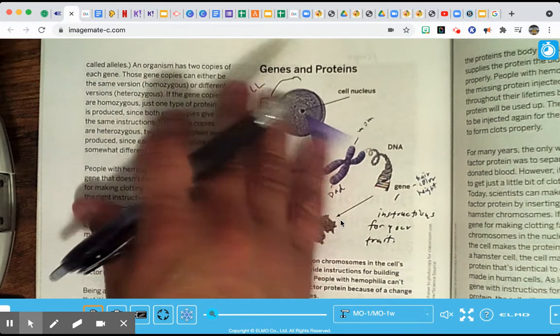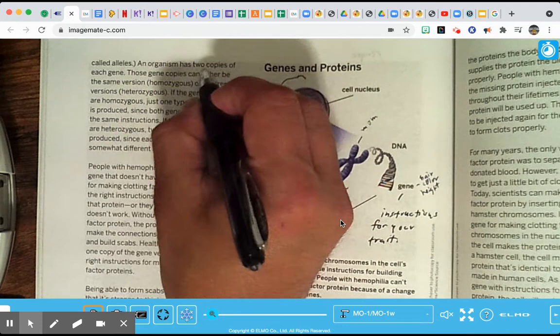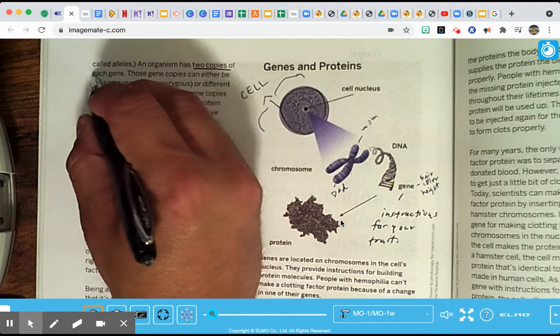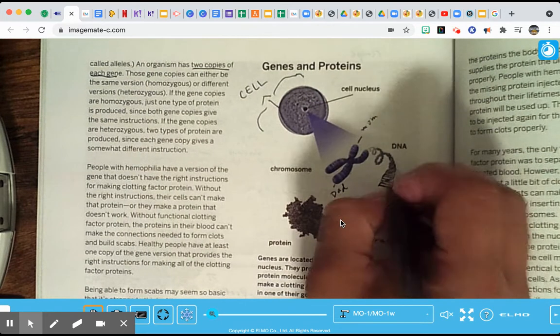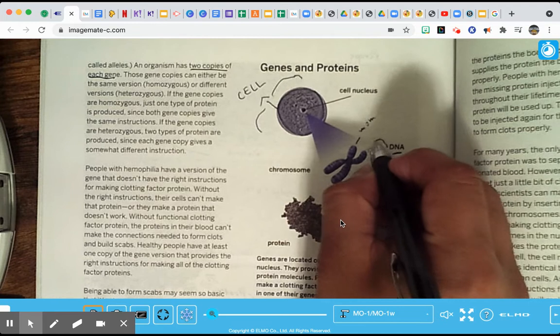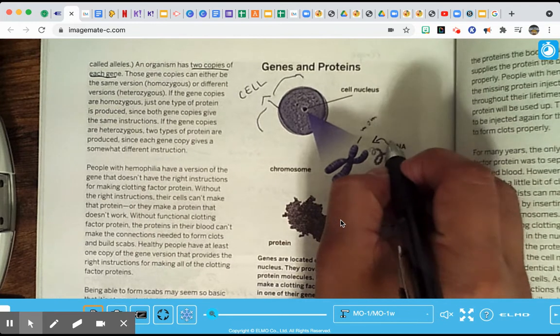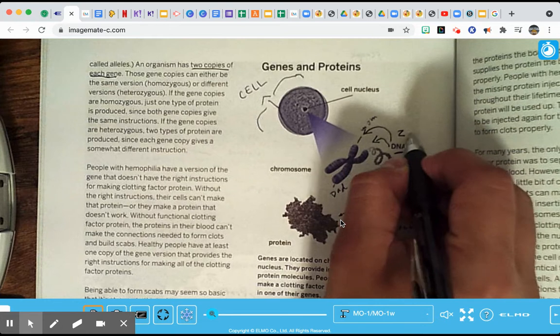All right. So an organism has 2 copies of each gene. So here's copy 1. Here's DNA, right? So there's 1 copy. 2 copies.